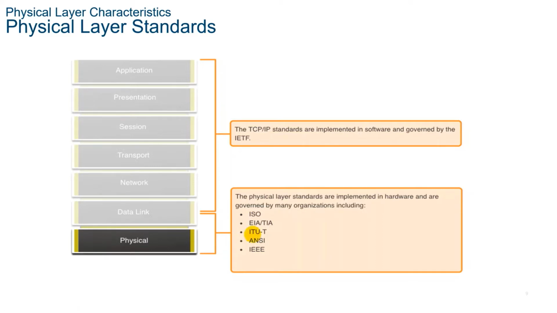In addition to this, there are often regional cabling standard groups, such as the Canadian Standards Association, or the CSA, the CENELEC, or the European Committee for Electrotechnical Standardization, and the JSA, the Japanese Standards Association, which develop local specifications.